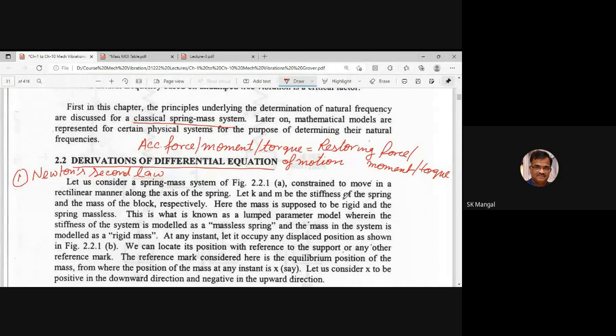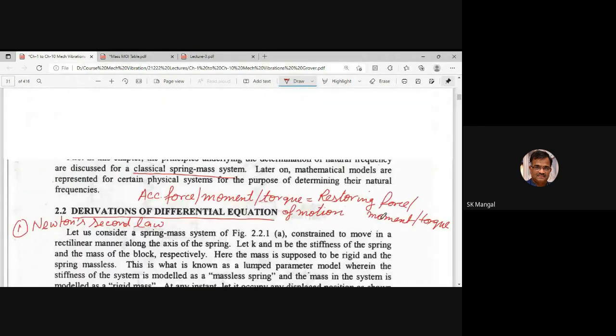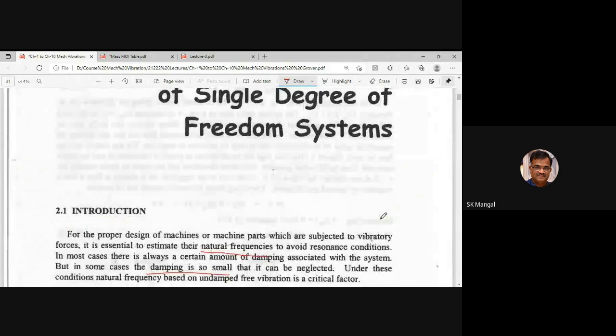Before that, let me explain two more concepts here. The first one is internal and external forces.